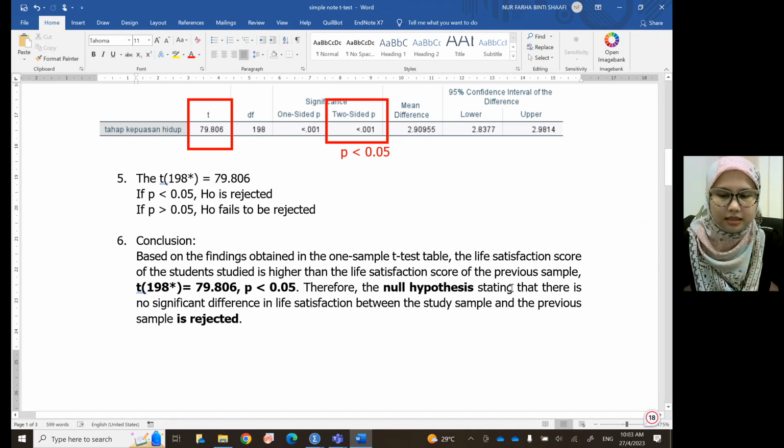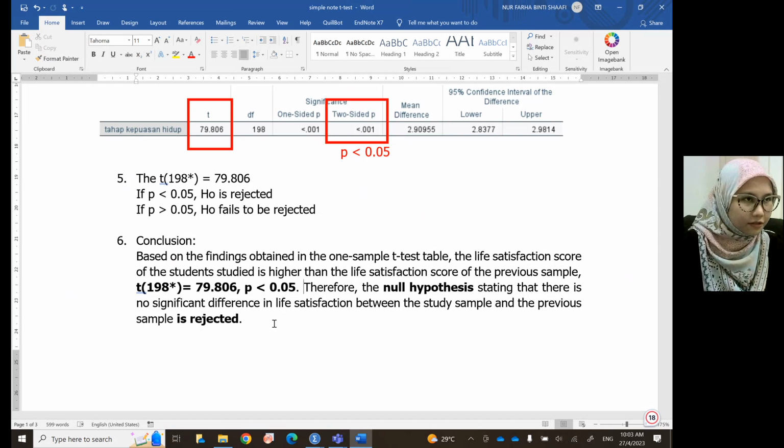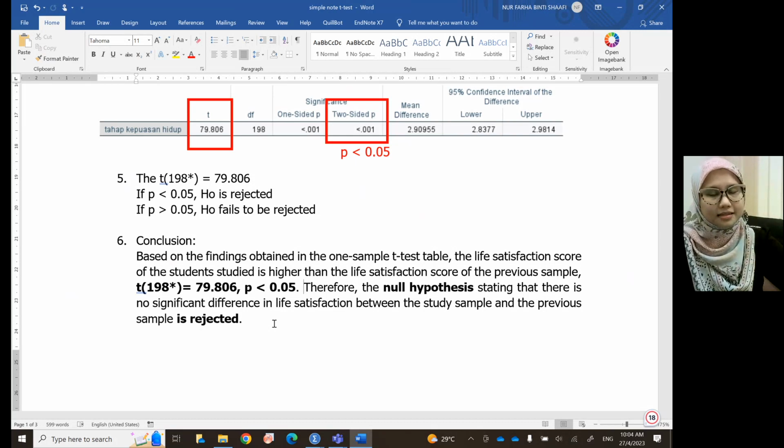The null hypothesis stating that there is no significant difference in life satisfaction between the study sample and the previous sample is rejected. Meaning, if you reject your null hypothesis saying that there is no significant difference, then you reject that statement.